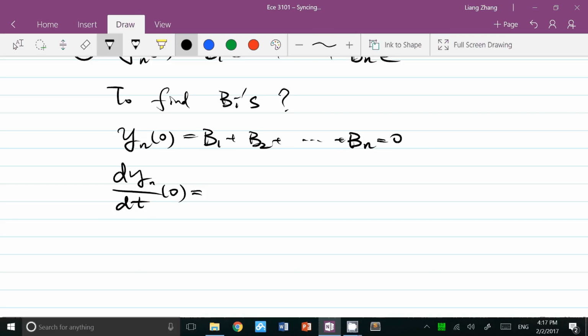So when you take the derivative and evaluate it at t equal to 0, you will have lambda 1 times b1 plus lambda 2 b2.